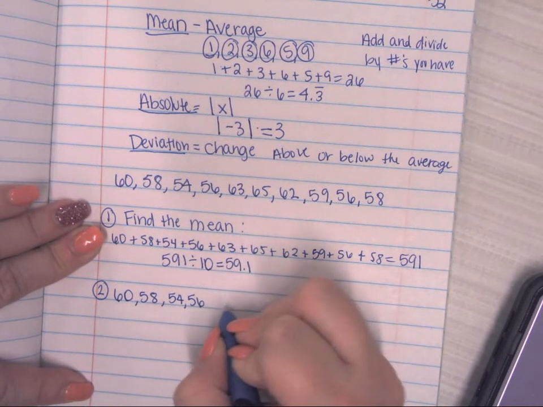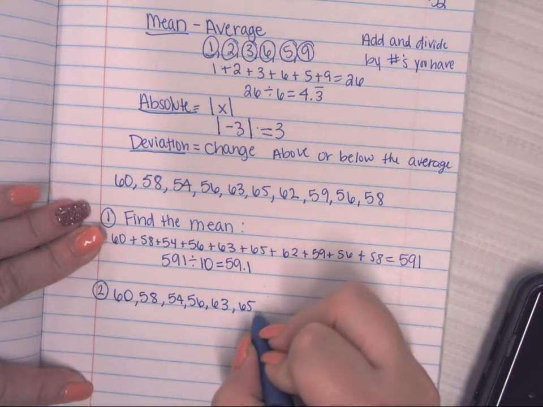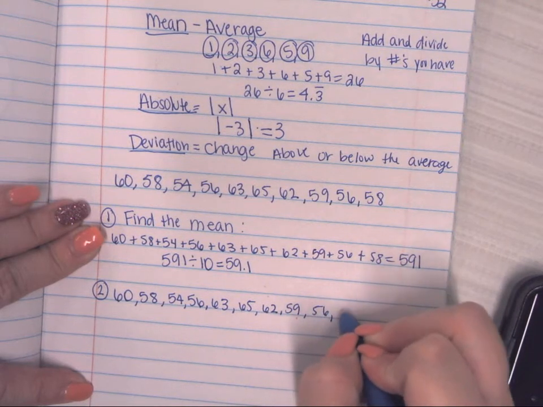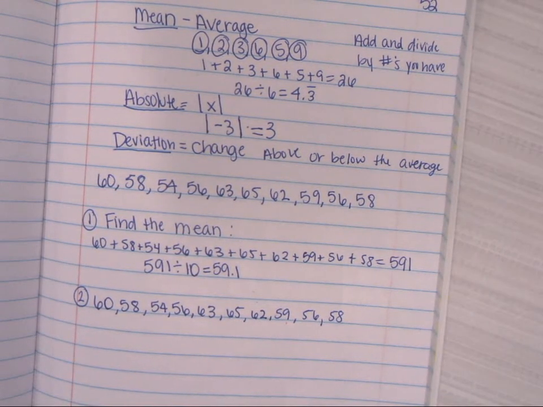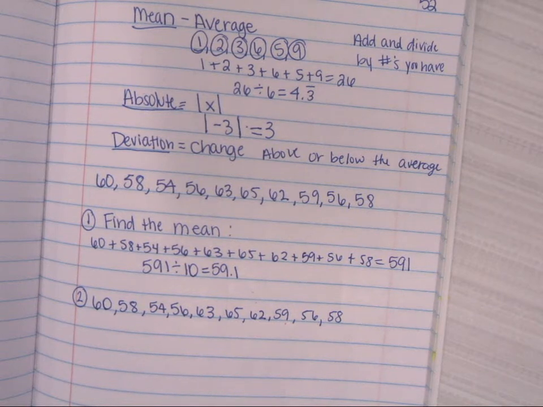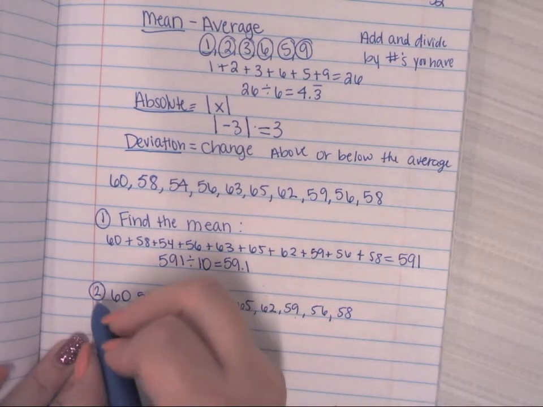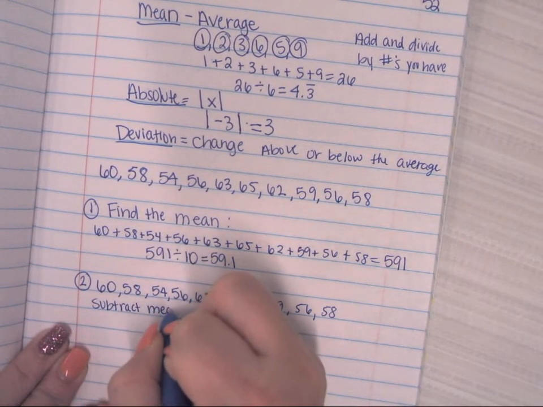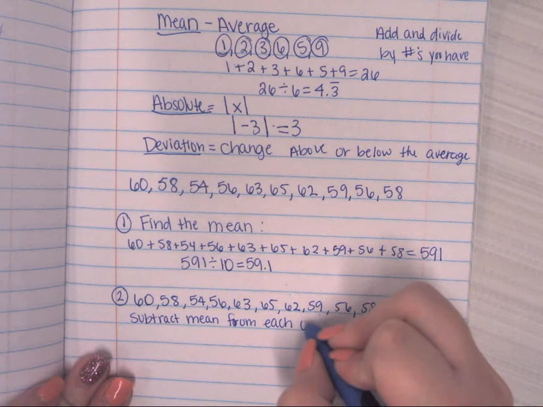54, 56, 63, 65, 62, 59, 56, and 58. Okay, now you're going to subtract the mean from each of the numbers.